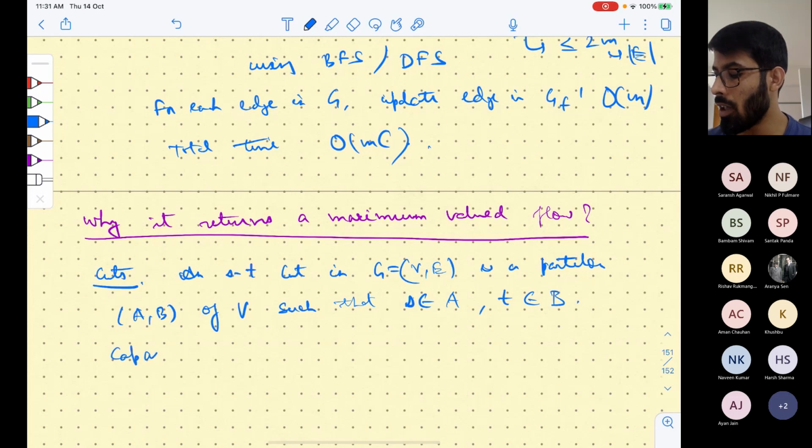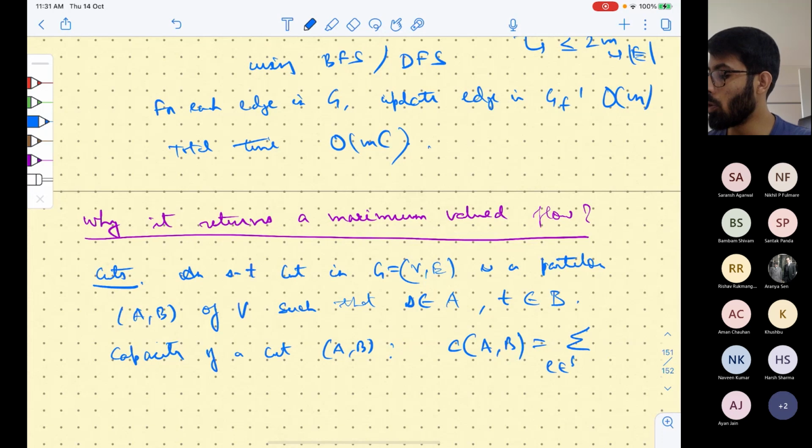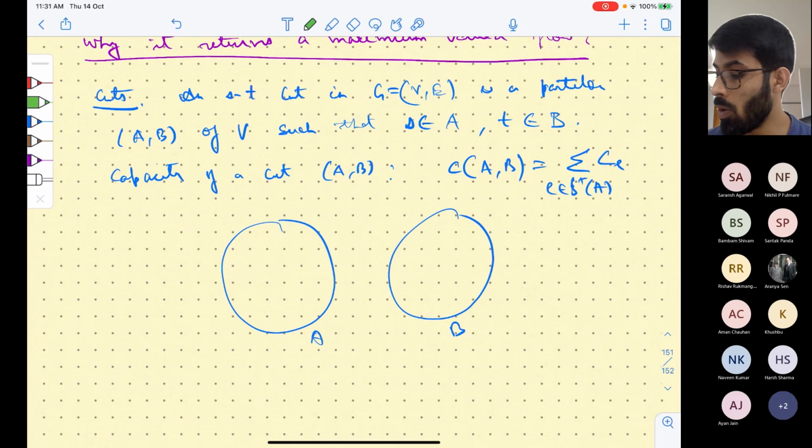And the capacity of a cut A, B, C of A B, is equal to the summation over E belongs to delta plus of A of C of E. So you have this cut where you have A and B, you have some edges going out, and you have some edges coming back.